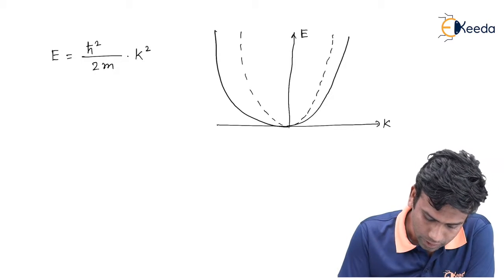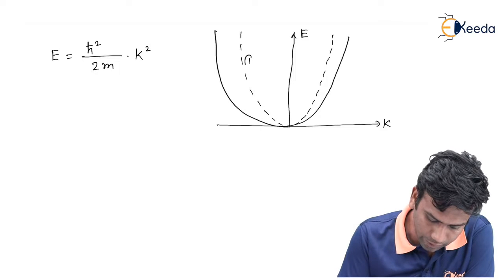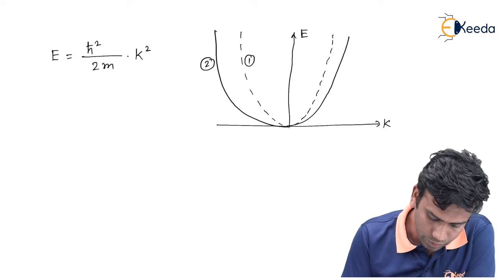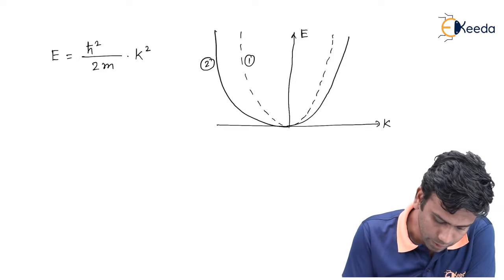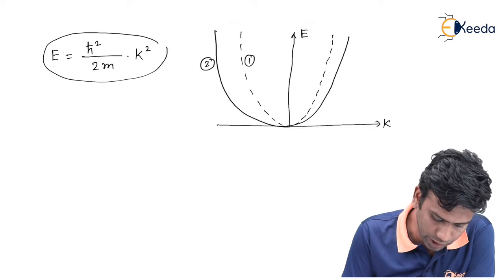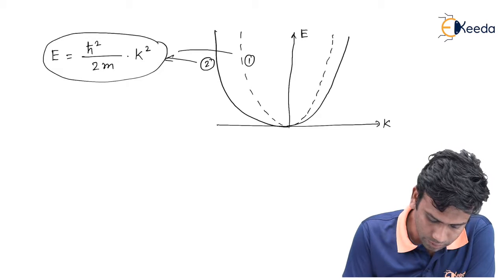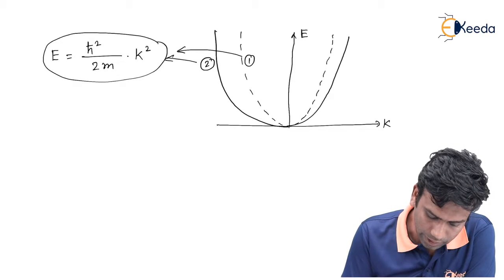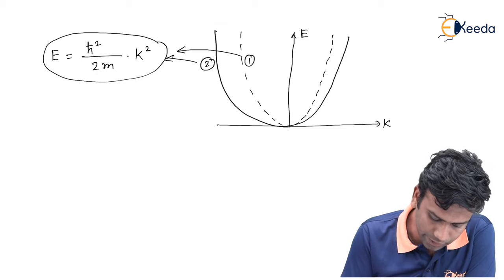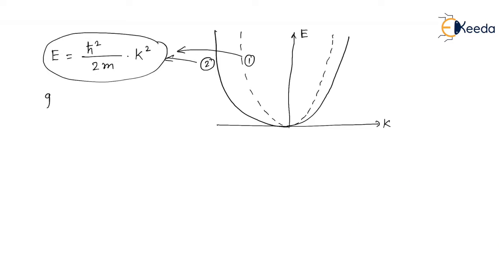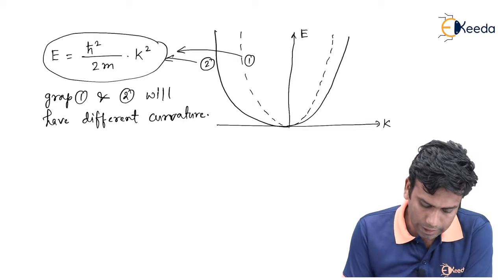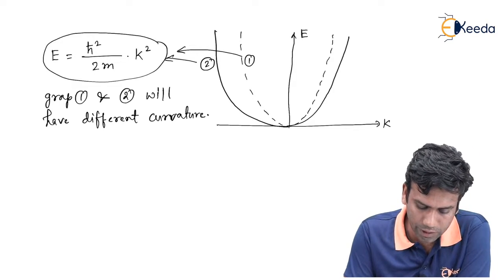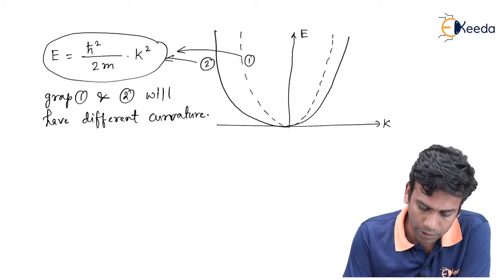That means these two graphs, graph 1 and graph 2, can represent these two equations. Now graph 1 and graph 2 have different curvature. So let us see how to find the curvature of the parabolic plot.